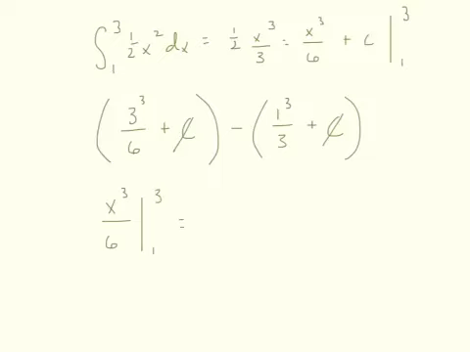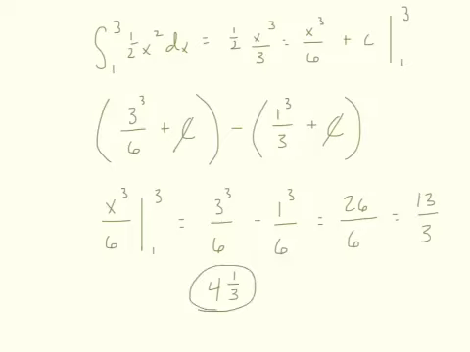And we'll just put in 3 cubed over 6 minus 1 cubed over 6. 3 cubed is 27. 1 cubed is 1. 27 minus 1 is 26 divided by 6, which is also 13 divided by 3, which is also 4 1/3.